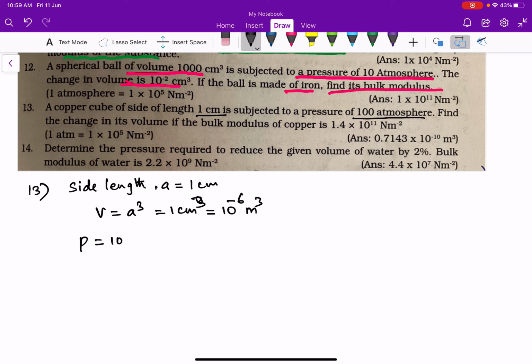Pressure P is equal to 100 atmospheres. 1 atmosphere is 1 into 10 to the power of 5 Newton per meter square or pascals. And now find the change in its volume.